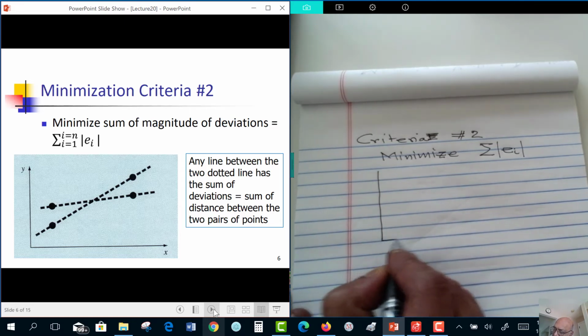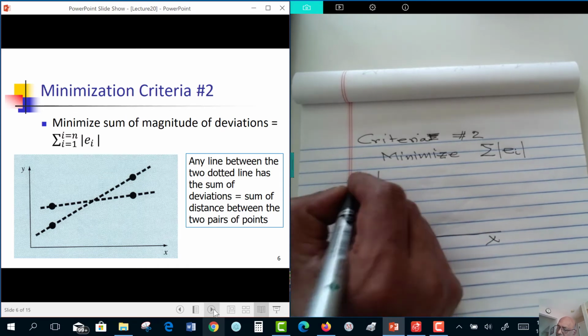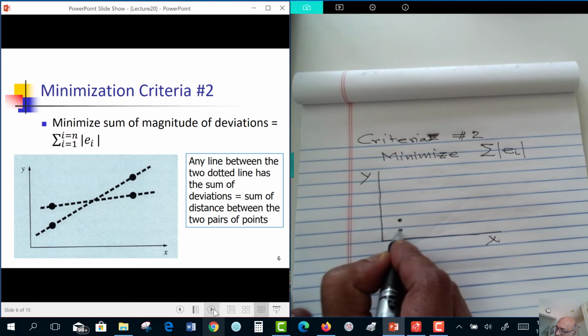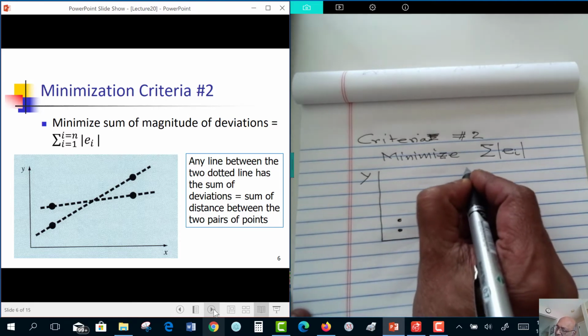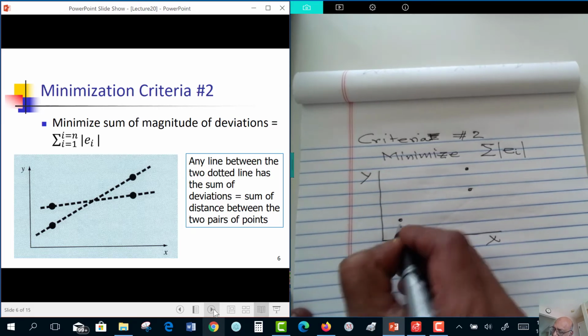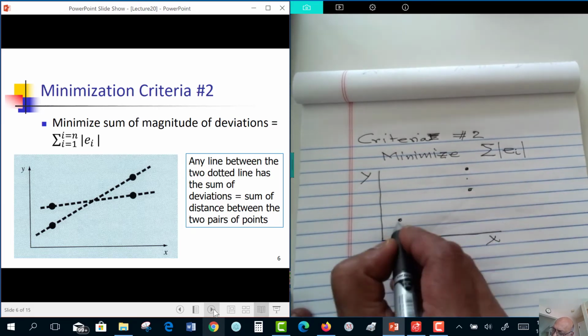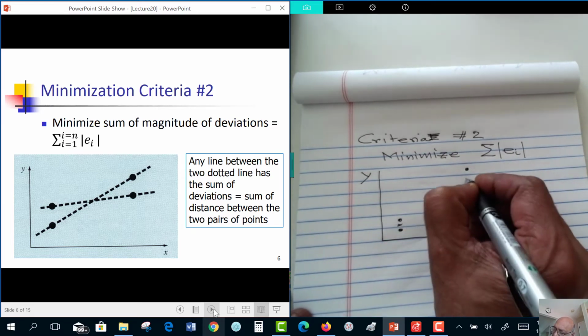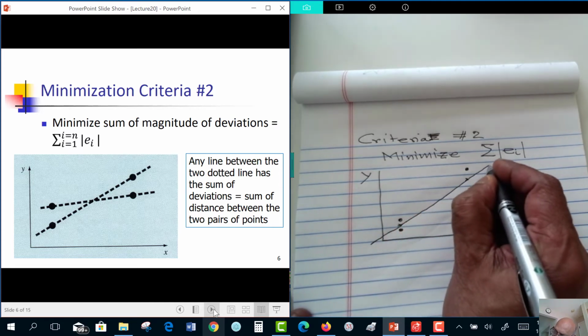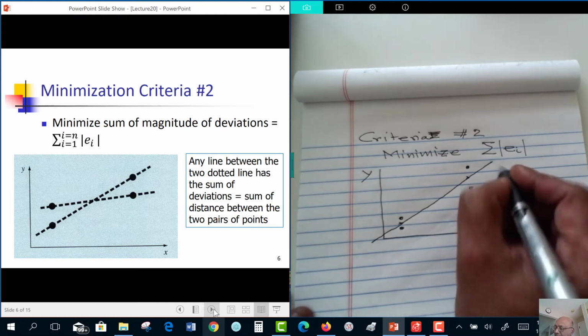So now let's consider another scenario. Let's consider, for instance, we had two pairs of points, one here and one here. Obviously the best straight line, intuitively we know, is we pick up the midpoints of these two and the line passing through will be our best straight line.